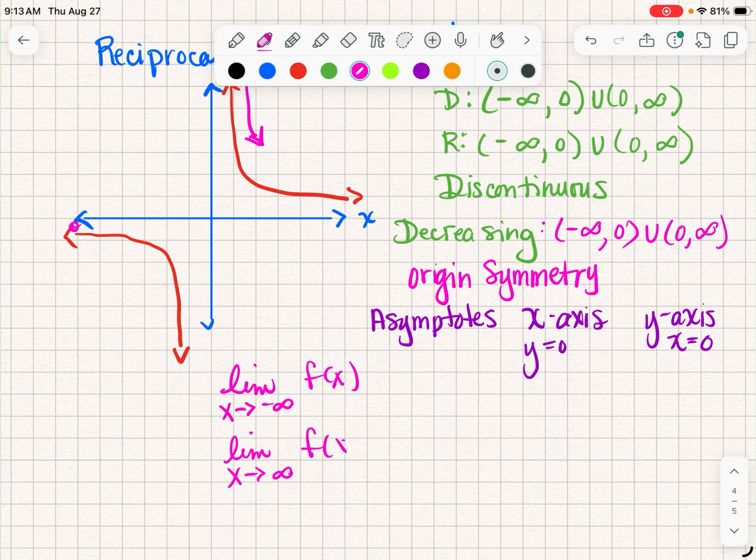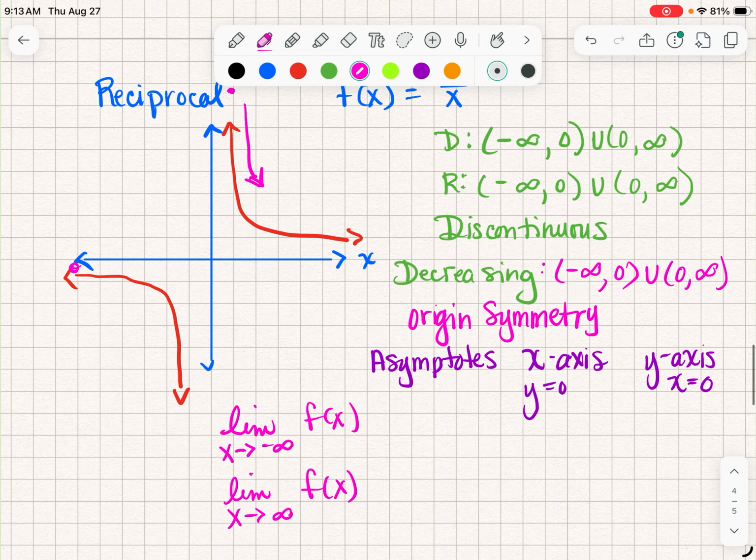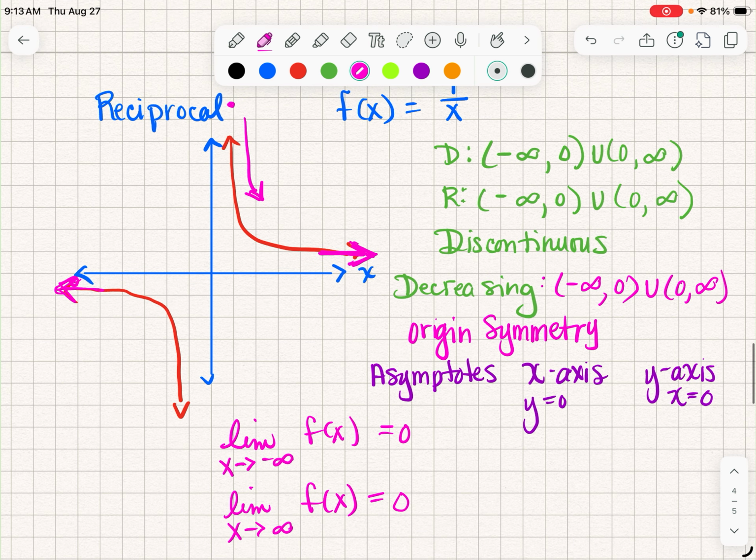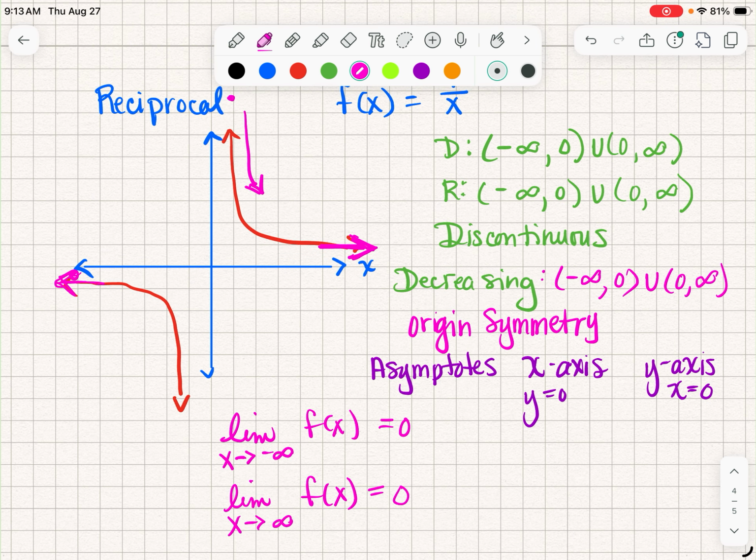And again, this one's very similar to whenever we did the logarithmic and exponential, because like on the left side over here, it's not going up or down, it's flattening out at 0. And the same thing's actually happening on the right side. I can see that it's flattening out over here, so the limit is also 0. So I think I didn't miss anything. That is the reciprocal function. I did that one last year.